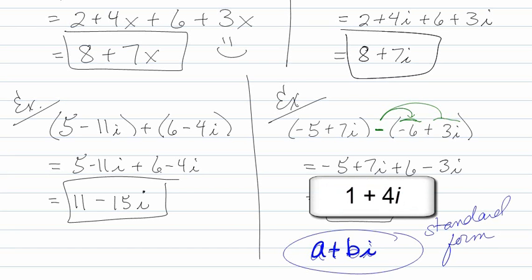So a plus bi, again, a is the real part, and b is the imaginary part. So every time you look at complex numbers, all the answers are going to be in this form. As long as you've got stuff in standard form, you're going to be good to go, and you'll be just inordinately awesome.